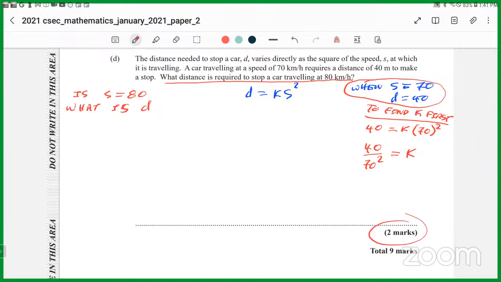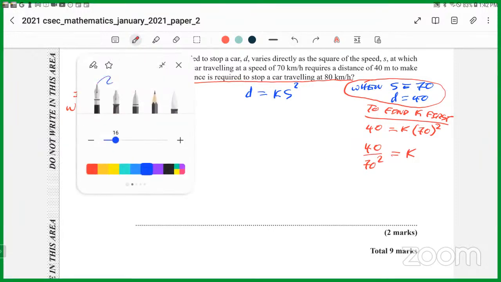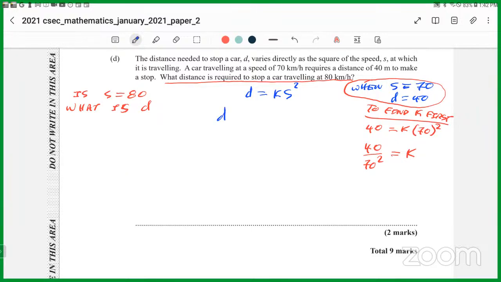These are two marks of this question. I really think they don't want you to use the find k first method, so that's why you have to learn that other method. But that is the value of k, and I don't even have to work it out fully. I can leave it like this until I reach the end. Now to do this part, knowing this, I can put this k value here. So therefore the D that I want is equal to k, which is 40 over 70 squared, times the speed squared, S squared.